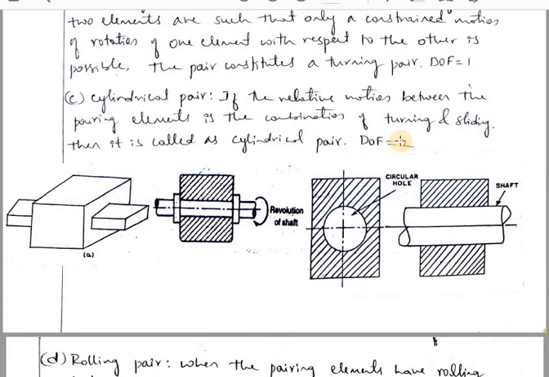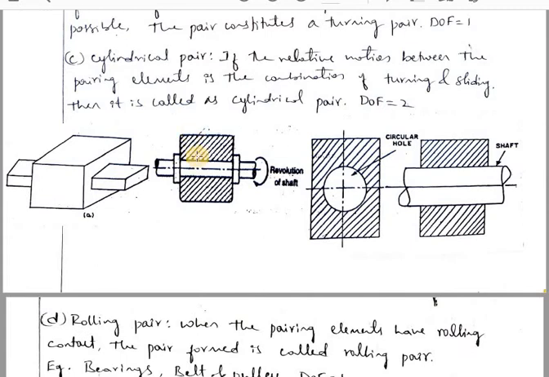Joystick is another example of the cylindrical pair, where we can find the ball will be sliding in the slot, okay, which will be having both sliding and rolling kind of motion. So that comes under the cylindrical pair.